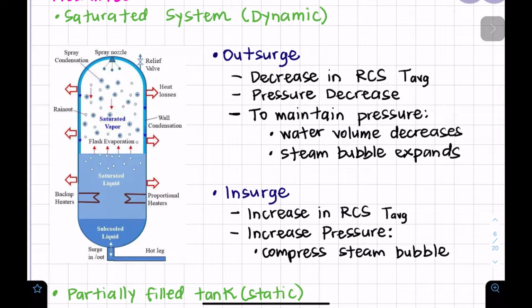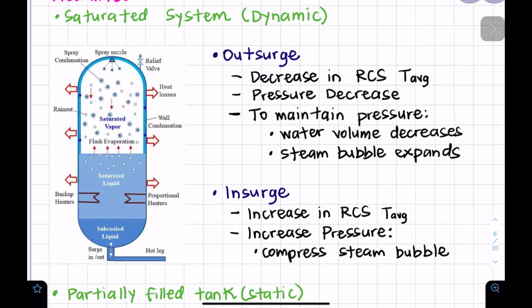On an insurge, we're going to have an increase in the RCS average temperature, which is going to cause this insurge into the pressurizer, and this insurge will increase the pressure by compressing the steam bubble, right? So this compression will cause some of the steam to condense, and since water has a smaller specific volume than the steam, the pressure increase should be slowing down.